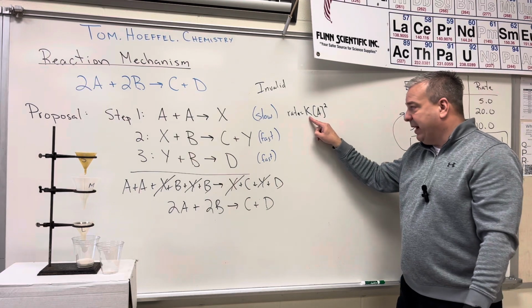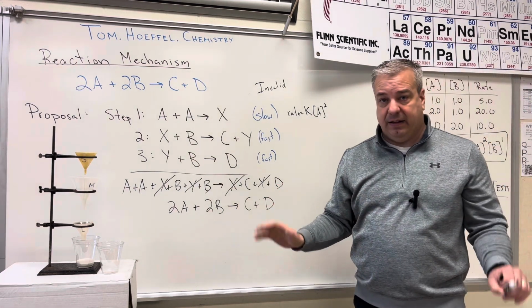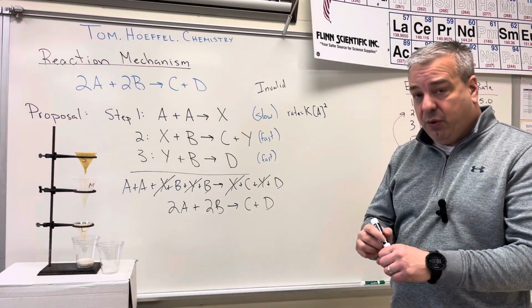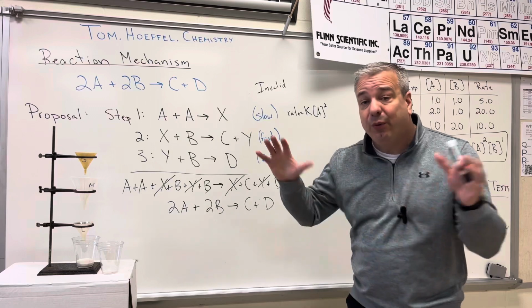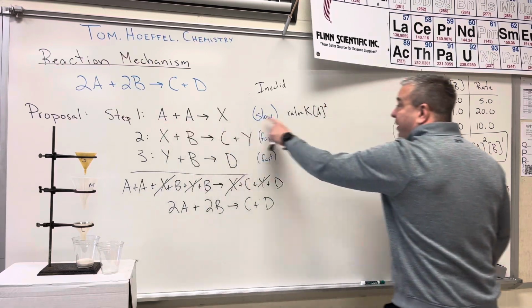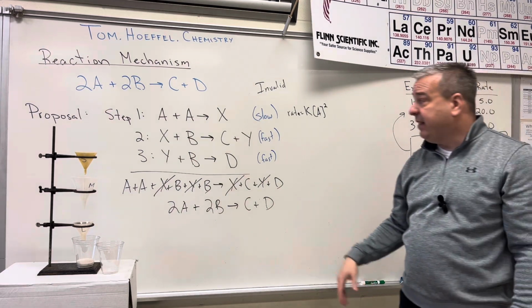This rate law does not match this rate law, so it is an invalid reaction mechanism. And the problem's done. So when the first step is slow, they're really, really easy problems. All you do is write the rate law for the elementary step and compare it to your observed rate law that you get from data. And if they don't match, it's invalid.